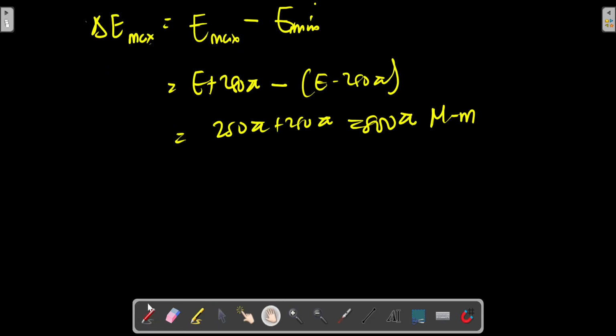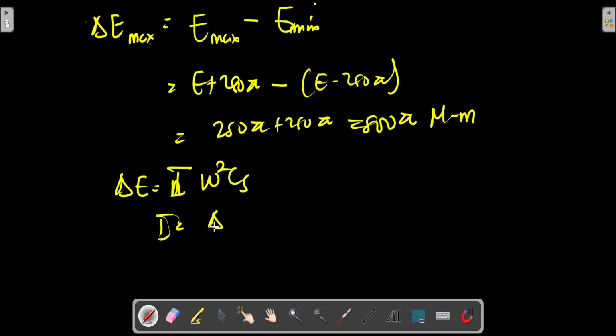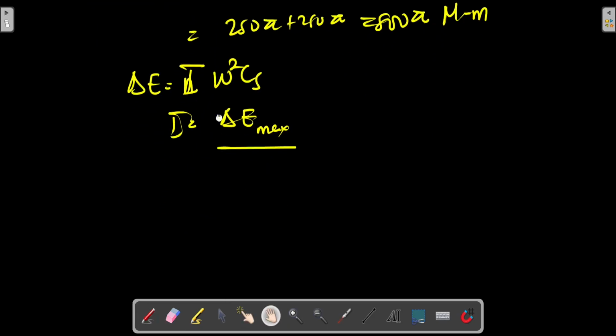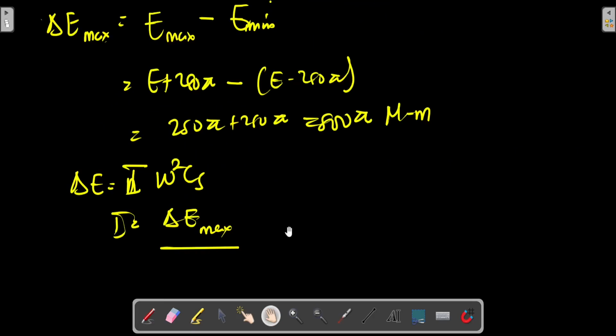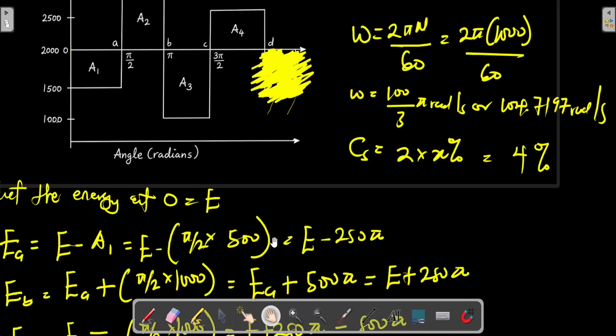That is it. As simple as that. So now we can go ahead to find our moment of inertia since we know the relationship between moment of inertia and the energy fluctuation. So we have I is equal to the energy fluctuation divided by omega squared. Now we already know omega, what did we get for omega?